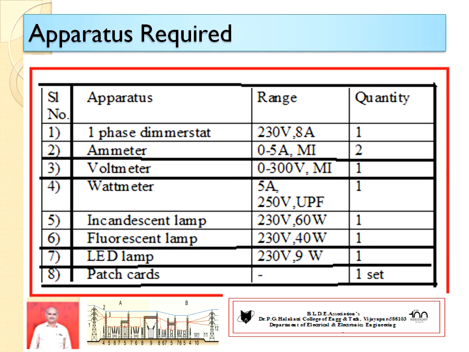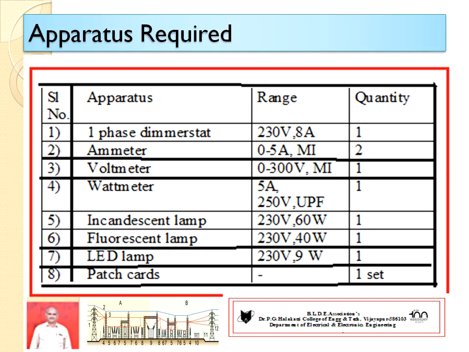After drawing the circuit diagram, you list the apparatus required. Very first we need a single phase thermostat, 230 volts, 8 ampere. Ammeter, to measure the current, moving iron type, MI, 0 to 5 ampere.